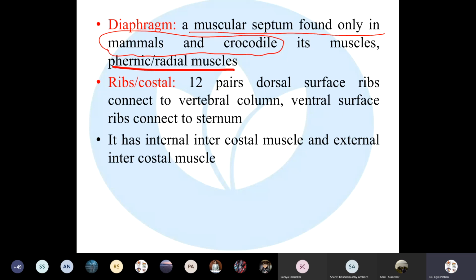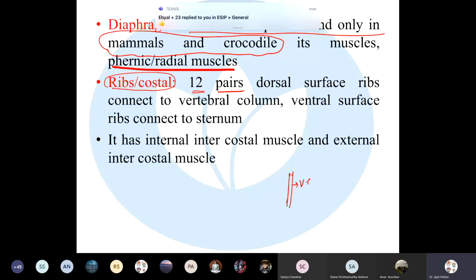What are ribs? You know what ribs are? How many pairs? 12 pairs of ribs. If this is a vertebral column, is it dorsal or ventral in the body?